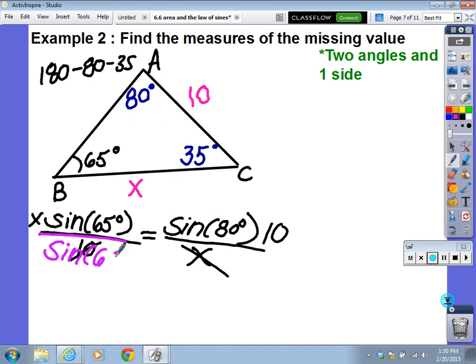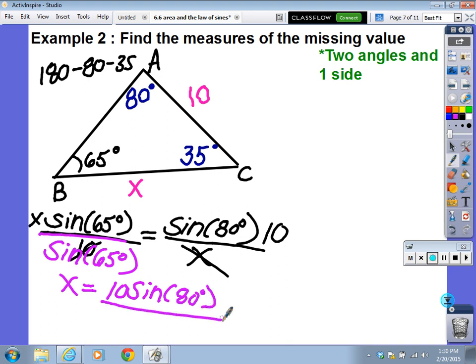Divide by sine of 65 degrees, so we have x is equal to 10 sine of 80 degrees divided by sine of 65 degrees, and we get x is equal to 10.9 centimeters. Done. Now, I'm going to ask, does this seem reasonable?